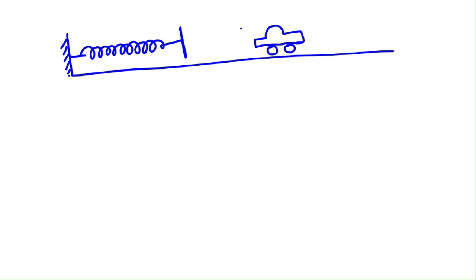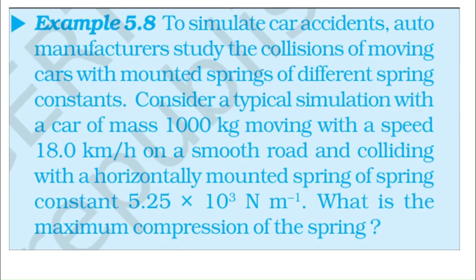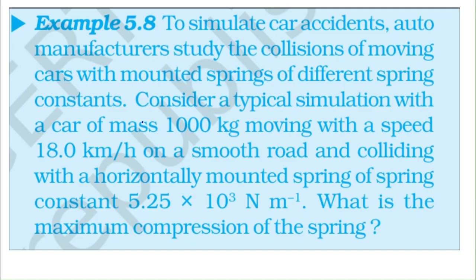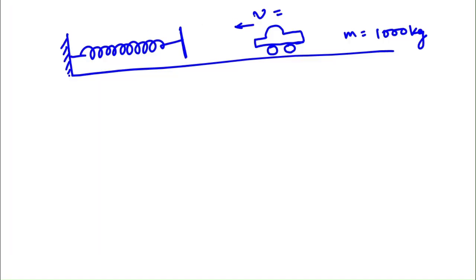Initially this car is moving, and the mass is given. So the mass of this car is 1000 kg, and it is moving with a constant velocity of 18 kilometer per hour, not changing.